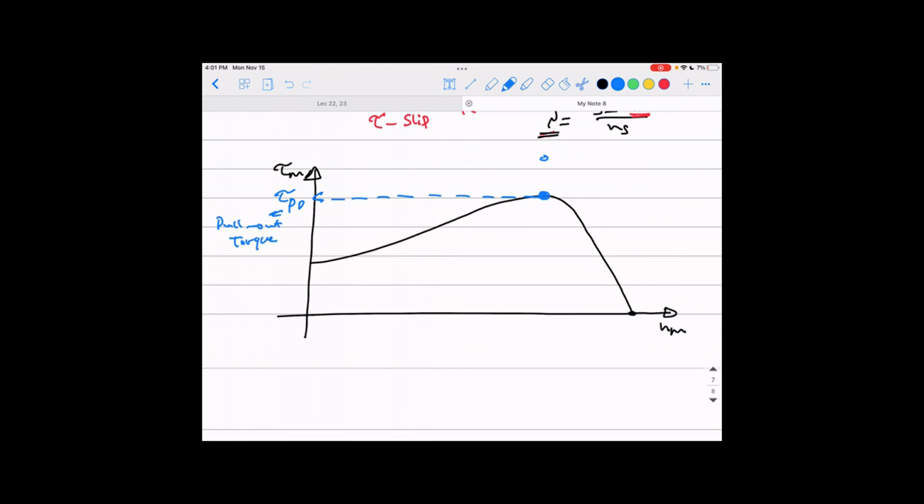Sometimes we call it the maximum torque or breakdown torque. They all have the same meaning: it is the maximum torque the machine can handle. After this torque, the machine will break down.